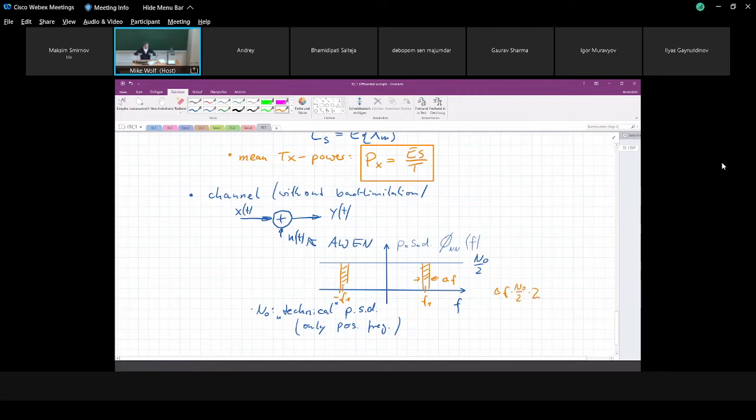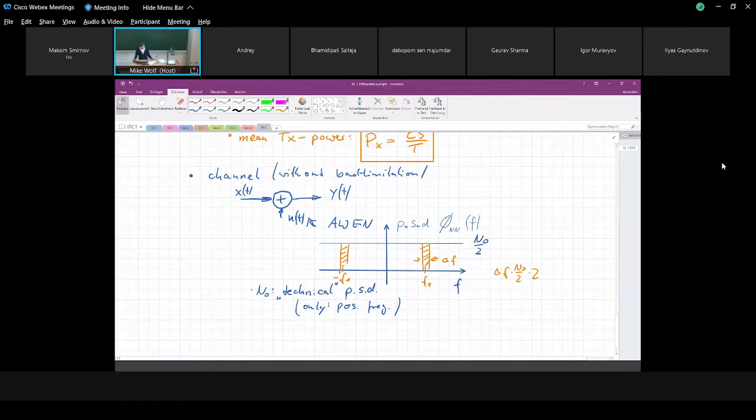See, this is N naught times delta f. So the power spectral density times the bandwidth where we measure this power is just N naught times delta f. Therefore, this is the technical power spectral density. So this is our channel now. And later we assume that our signal has to fit in a certain brickwall characteristic. But this is at the moment not so important.